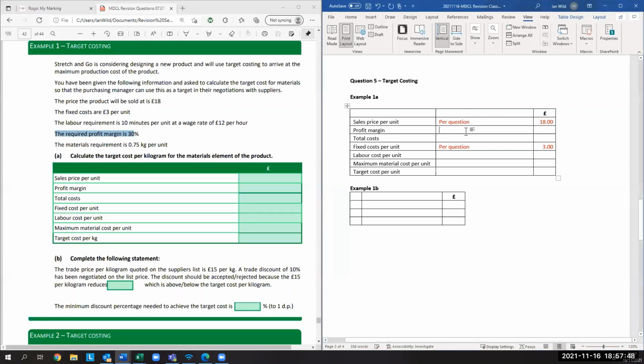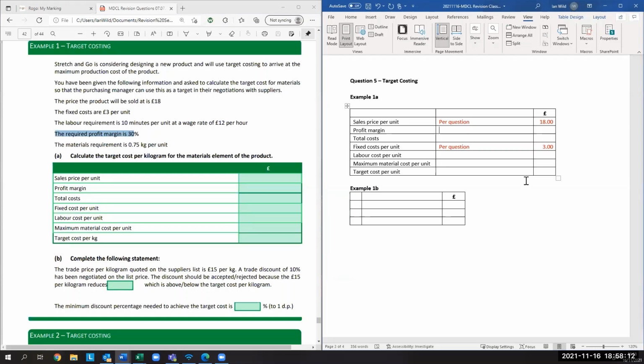Now here's a bit that you need to remember. As everyone's been saying, the profit margin is included in the selling price. So when you're working out a margin, think of the selling price as 100%.